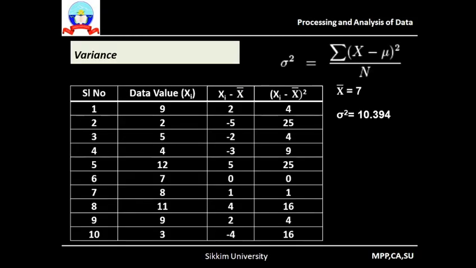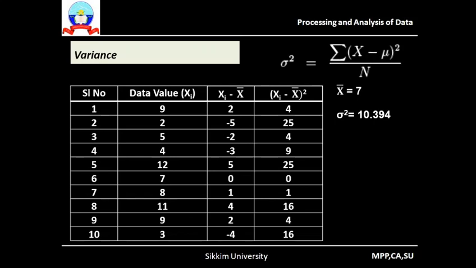Now let us try to understand variance with the help of an example. So here we have 10 data points in the data set, which are 9, 2, 5, 4, 12, 7, 8, 11, 9 and 3. So first we have determined the difference of the data point from the mean.